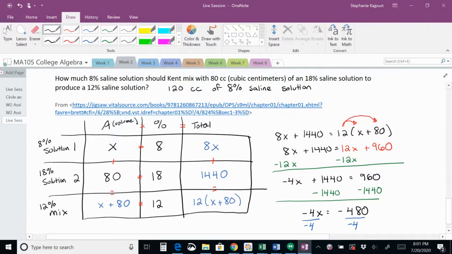So you want to make sure that you're answering, and we know that we set x, our unknown, as the 8%, so that's exactly what we're looking for. So you need 120 cc's of the 8%. You already have the 80 cc's of the 18%. And then those add up to 200 cc's total is what your final mixture is going to be.